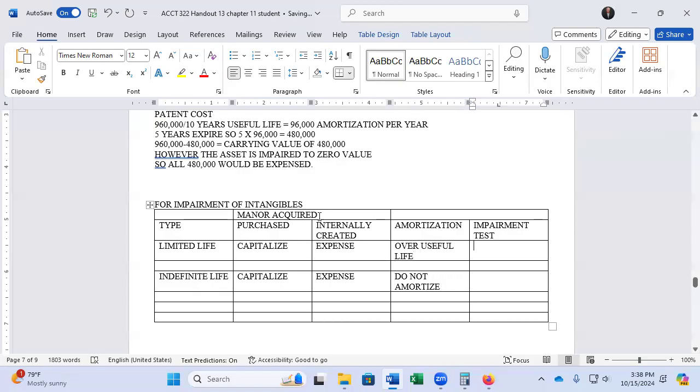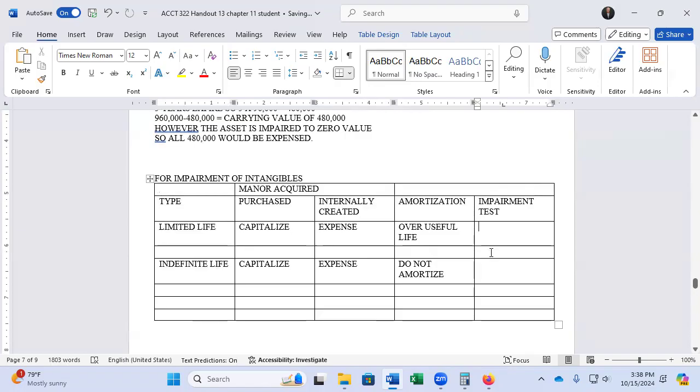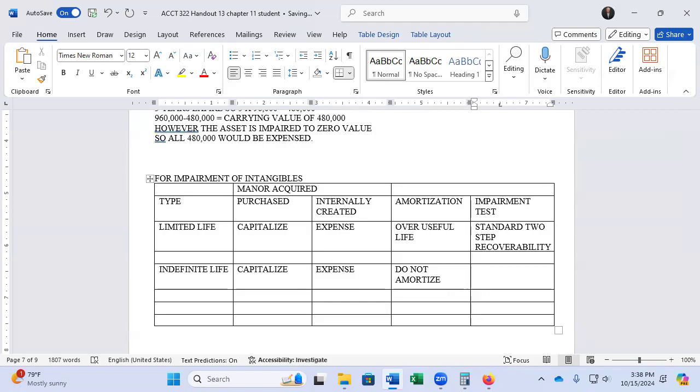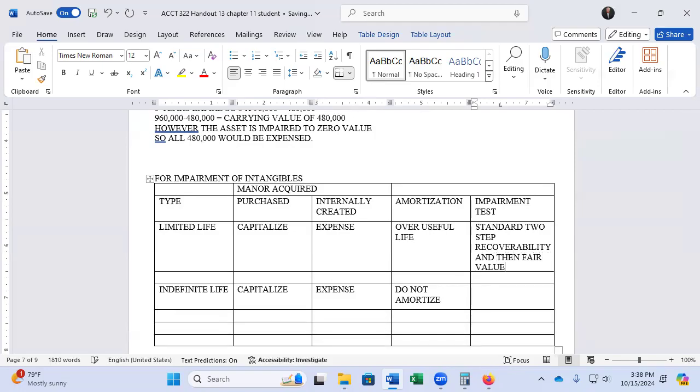And for the impairment test, use the standard 2-step, recoverability and then fair value.